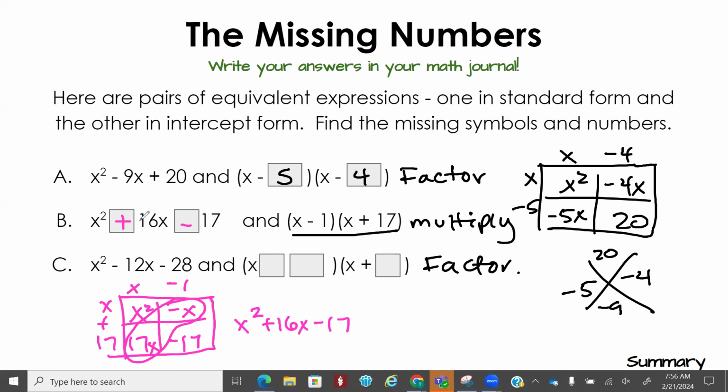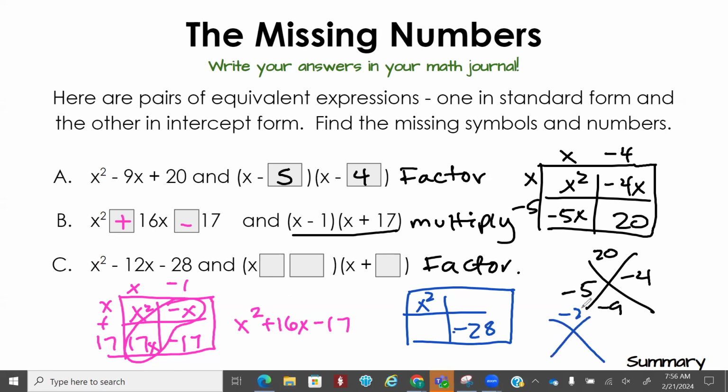Okay. And on our last one, we're factoring. So this is going to give me x squared in the first box, -28 in the last box, -28 in the top, -12 in the bottom.